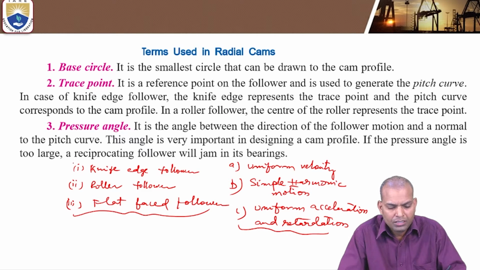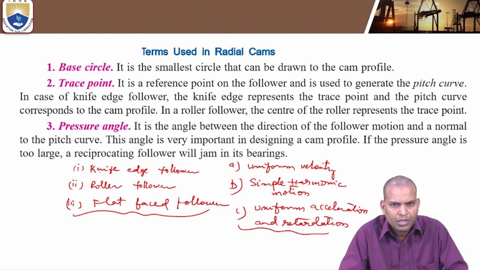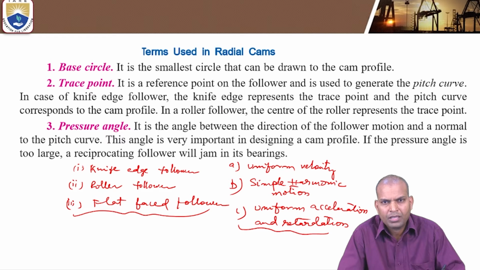Now, in order to draw the cam profile, the shape of the cam, we consider the angles of rotation, the lift, the type of follower, and the type of motion of the follower.